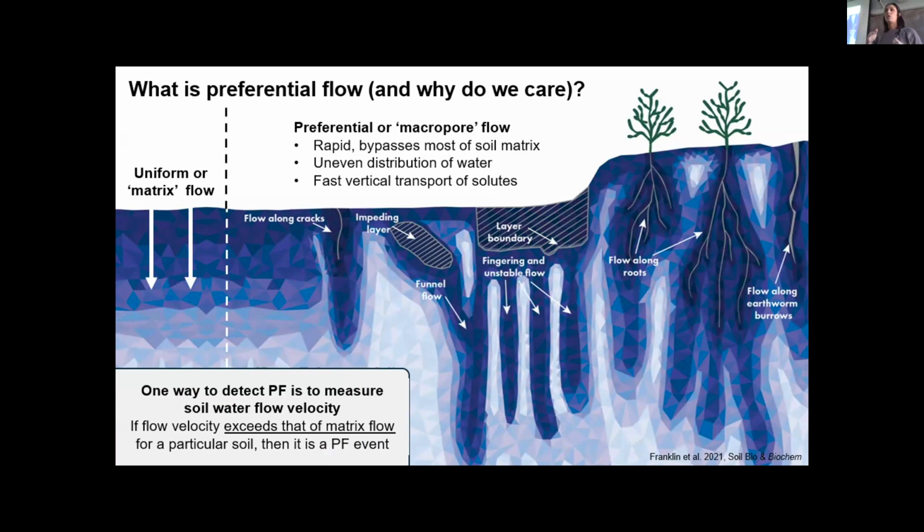If you work with soil moisture, you can use Darcy's law or Richards' equation to nicely estimate what you expect to happen with uniform flow based on soil conditions, soil texture, and soil structure. So we have modeled matrix flow for any soil depth that we're looking at, and we can compare that to the actual soil water velocity that we're measuring in the field.